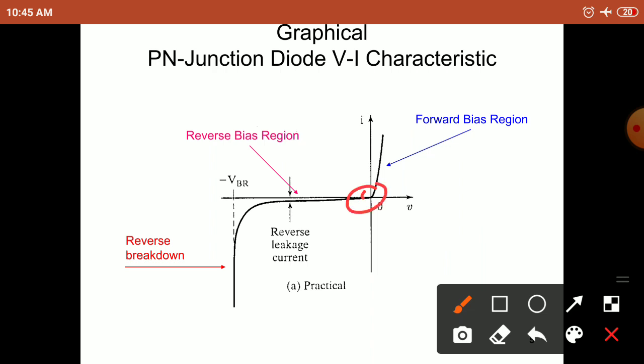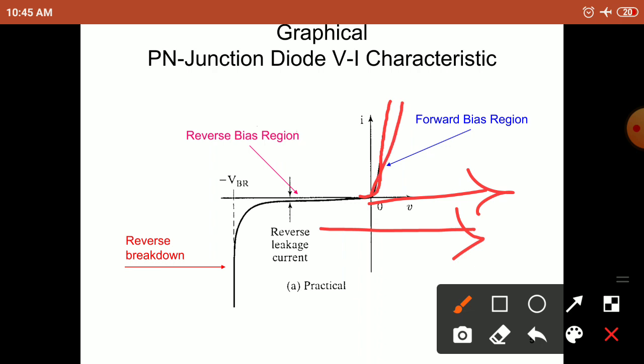When we start applying the voltage on the x-axis, the current starts increasing, as shown here. When the anode is applied with a positive supply, the positive current flows from anode to cathode in the forward direction. That is why it is called the forward biased region.